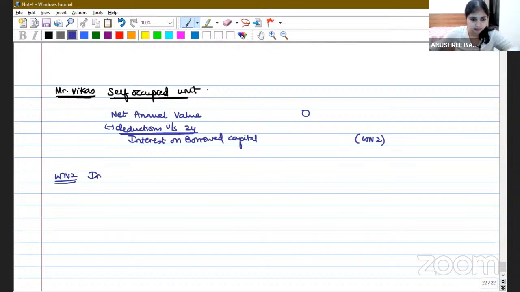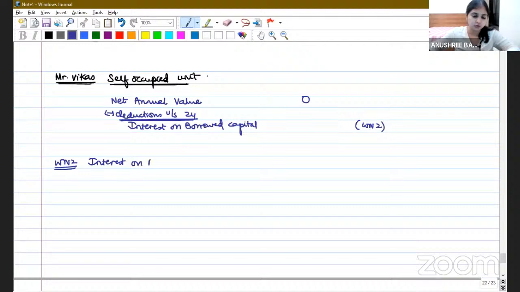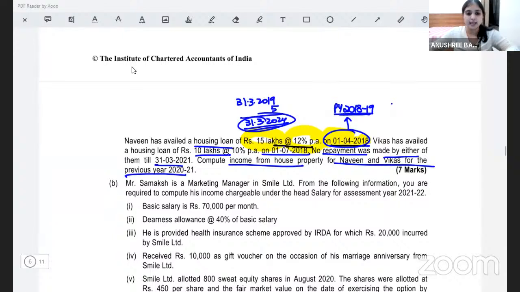Give the heading interest on borrowed capital for Vikas. Now, even for Mr. Vikas, he has borrowed the loan on 1st July 2018.